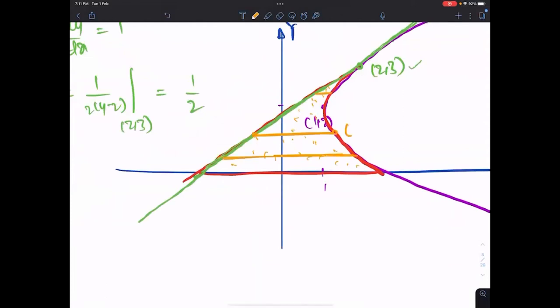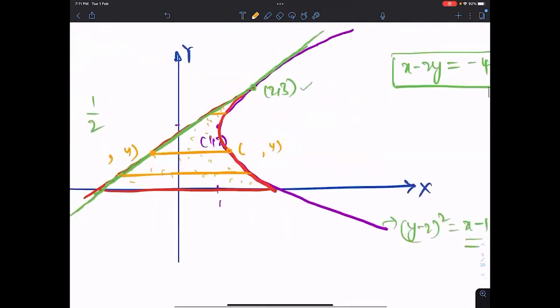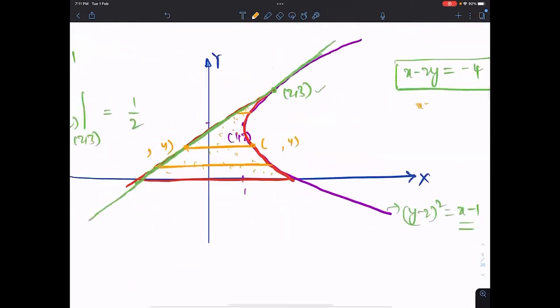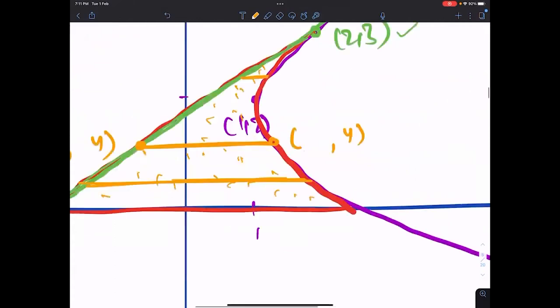So when you take horizontal strips, first you write y and y. Then you write down the x coordinate. What is the x coordinate in terms of y for the line? x in terms of y will be 2y minus 4. Then for the parabola, what will be x in terms of y? y minus 2 whole square plus 1.